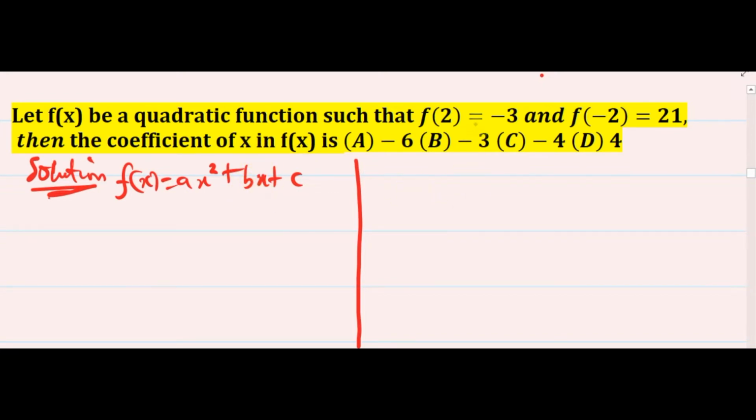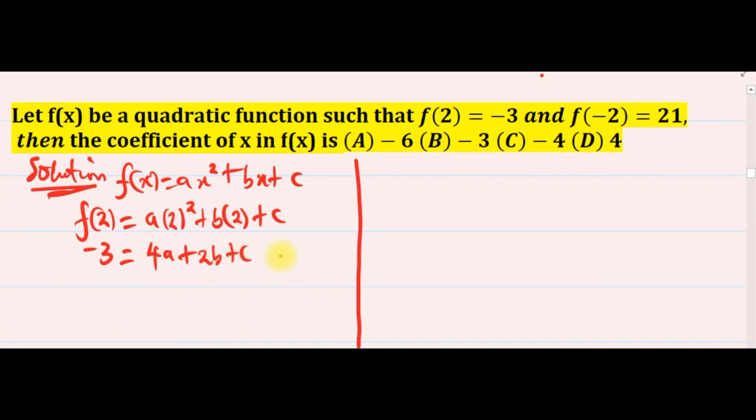But they gave us that f of 2 is minus 3, so wherever we see x, we put 2: 2 squared times a, plus 2 times b, plus c. They told us this is minus 3, so we have 4a plus 2b plus c. We'll call it equation 1.